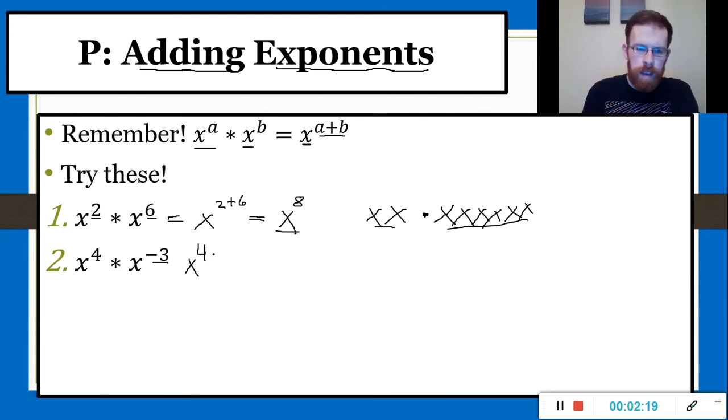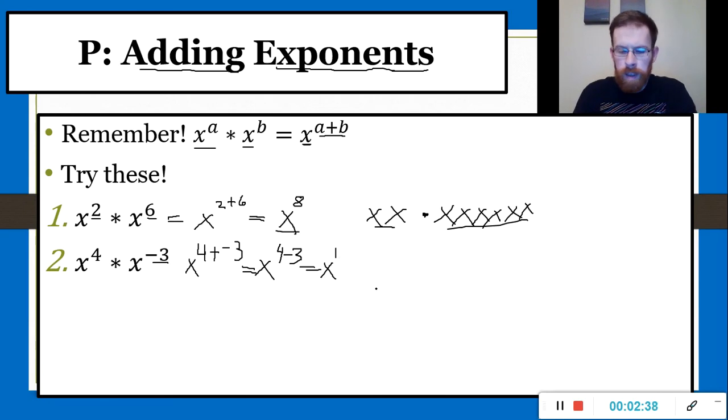It's the same thing as subtracting a positive. So that is just x to the 4 minus 3, which is just x to the 1st. Or an x to the 1st can just be written as x.